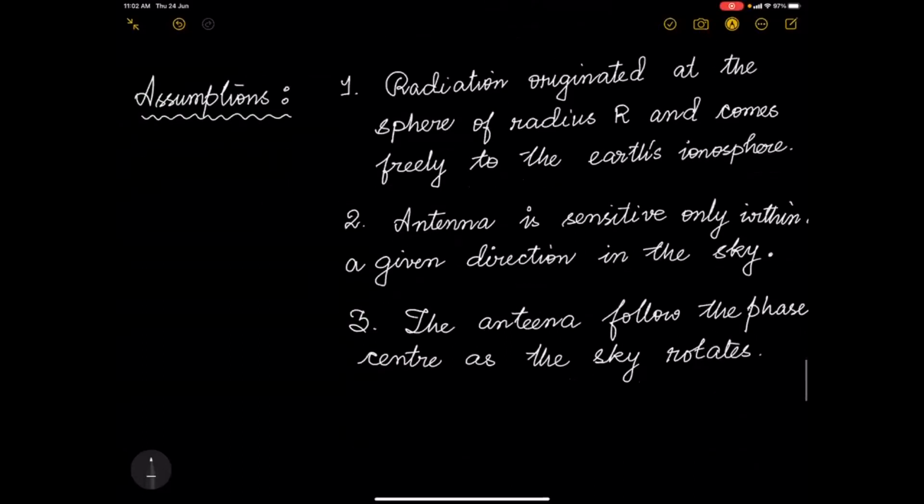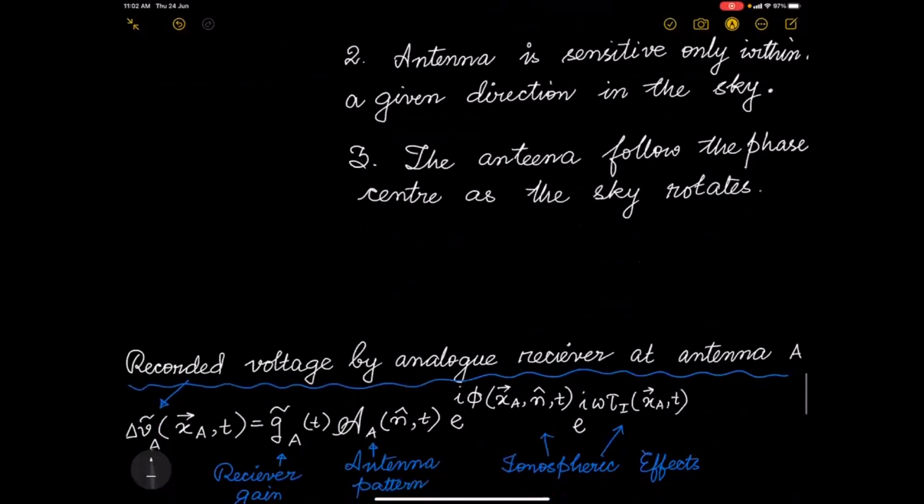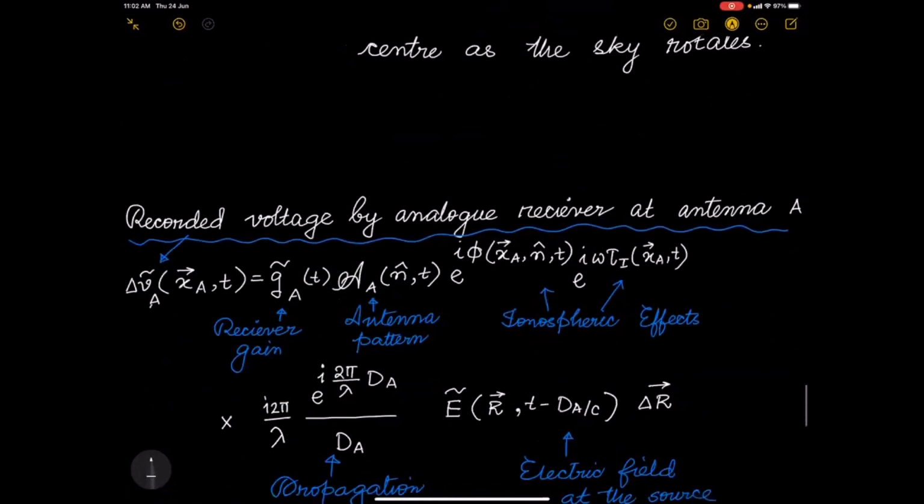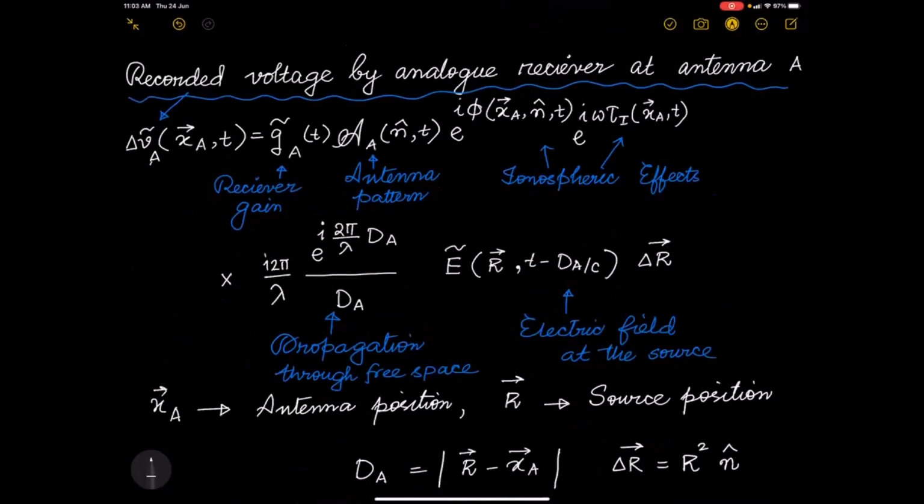And once we looked at those, we arrived at the recorded voltage by the analog receiver at the antenna A. And let me just go through the terms. I probably did not write that delta before VA.